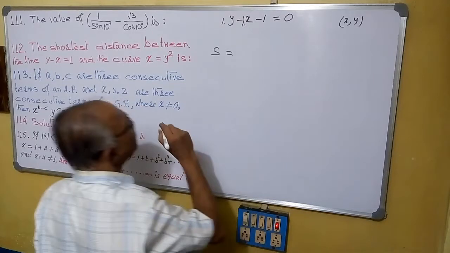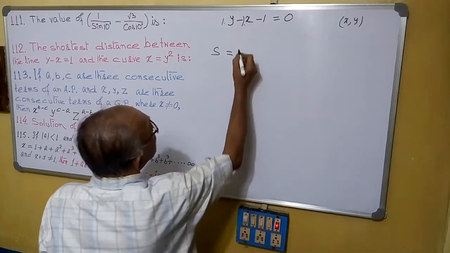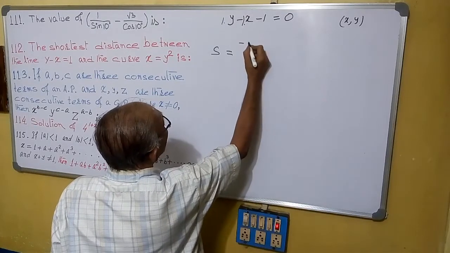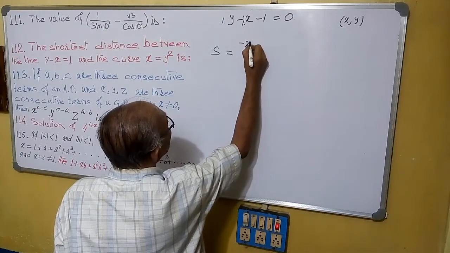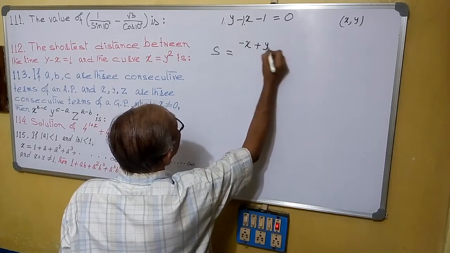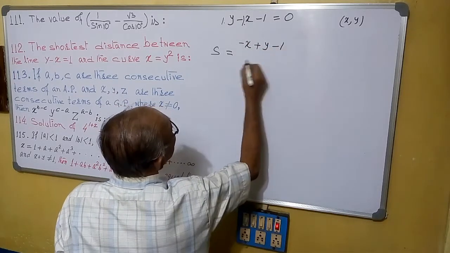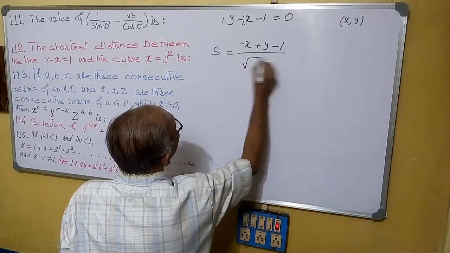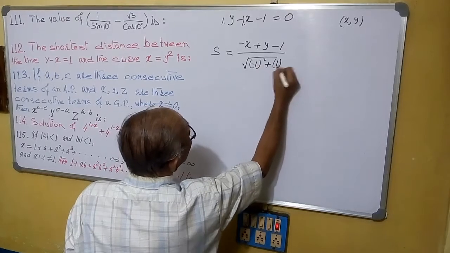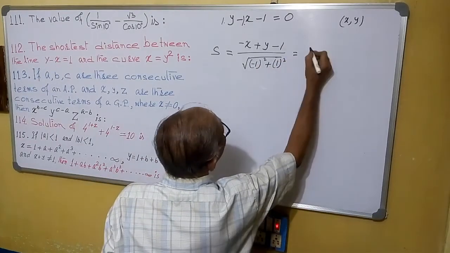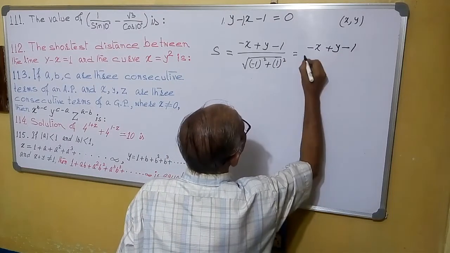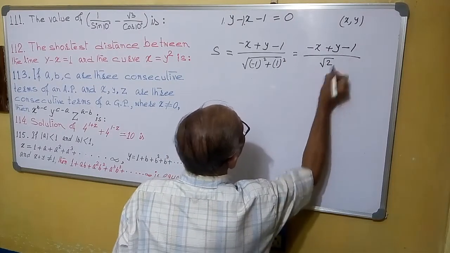So S equals minus x plus y minus 1 by root of minus 1 square plus 1 square, that is equals to minus x plus y minus 1 by root 2.